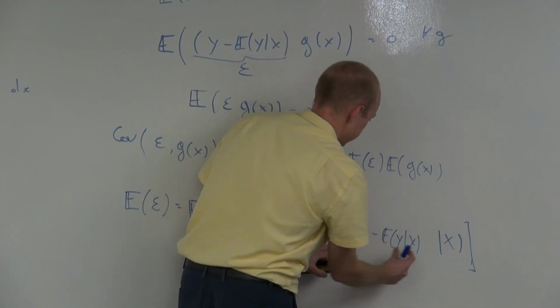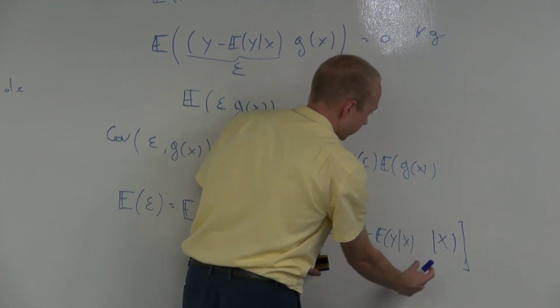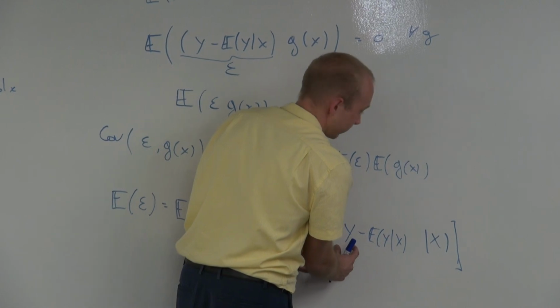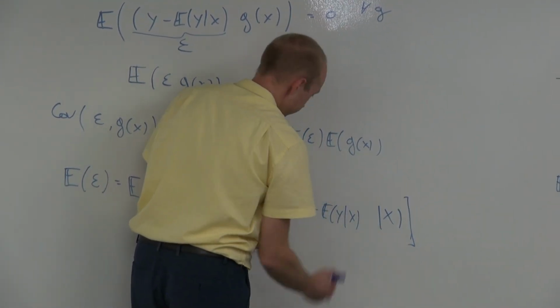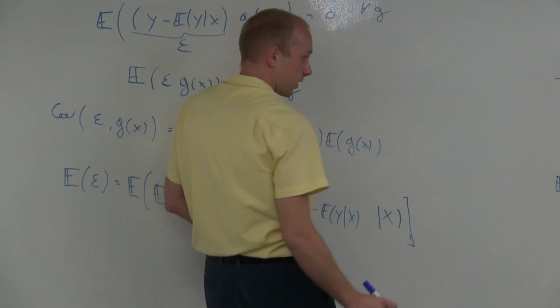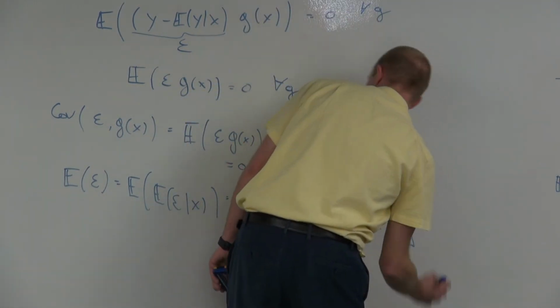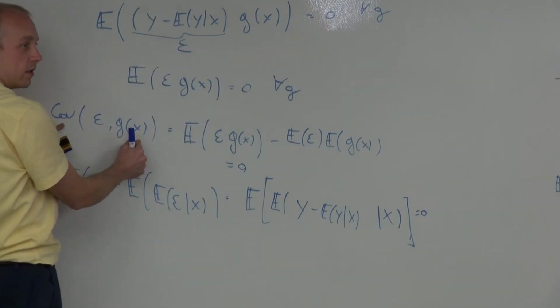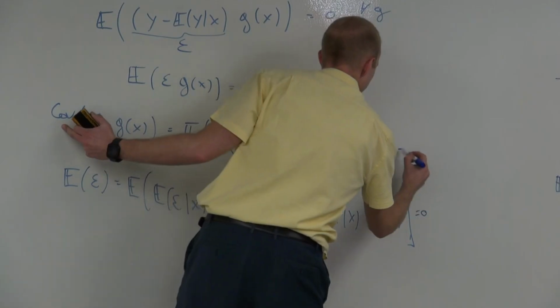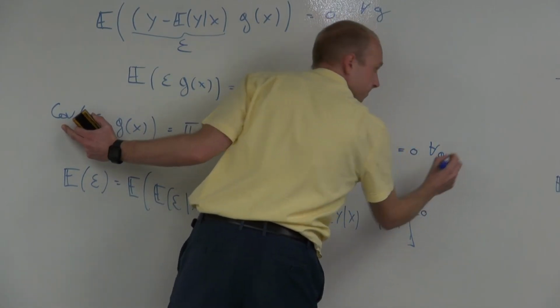Given x, you split this expectation, and here you are conditioning twice, which is redundant, and you get a 0. The expected value of a 0 is a 0. So the covariance between epsilon and g of x is always 0, no matter what g is.